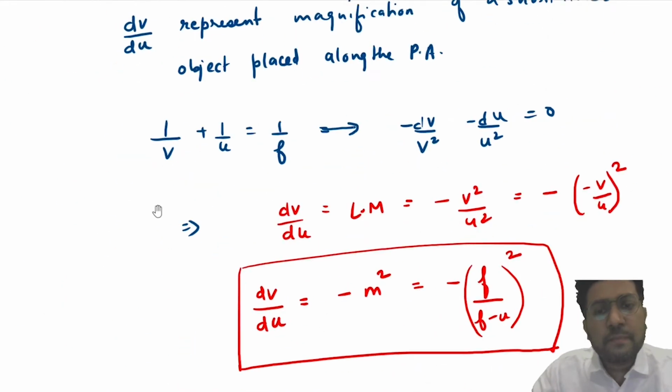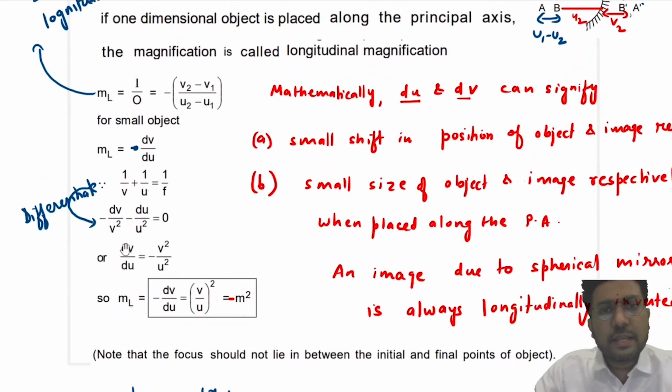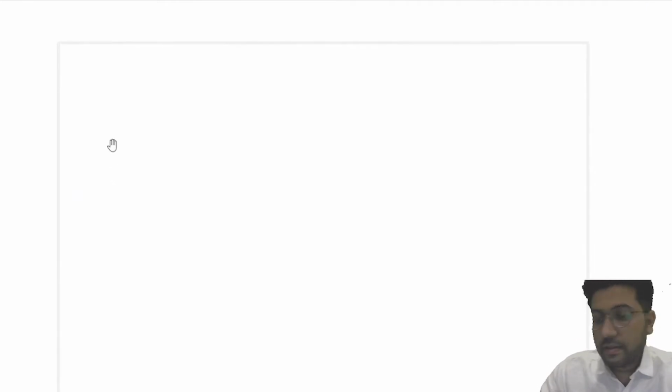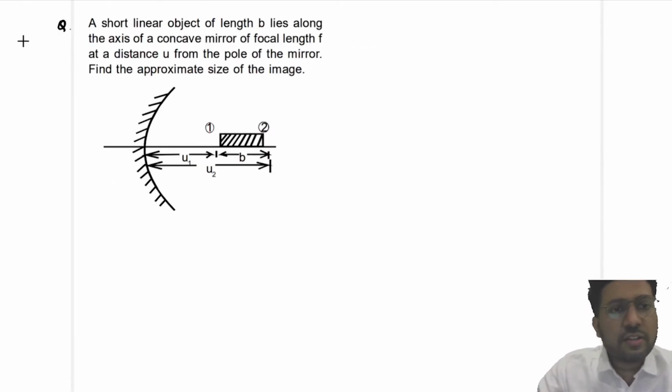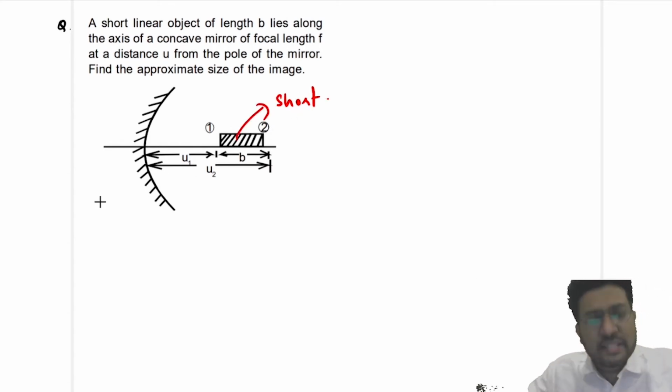I'll do some problem so that you understand this better. See, in this question you have a short linear object of length b. So this is a short object and it is lying along the axis of the concave mirror, and the focus is f.